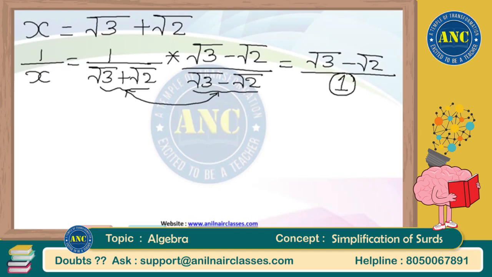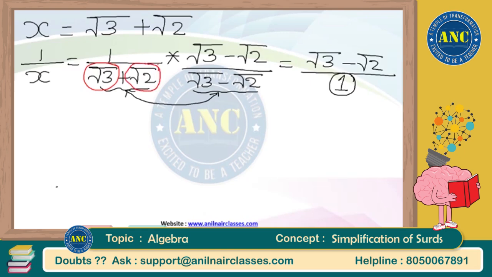Now instead of doing all these things and wasting our time, it is very simple, sir. A very simple remembrance will make your problem solving so much simpler. See here, instead of doing all these things, can I say that the first value in the denominator is a square root of something, and the second value in the denominator is also a square root of something.